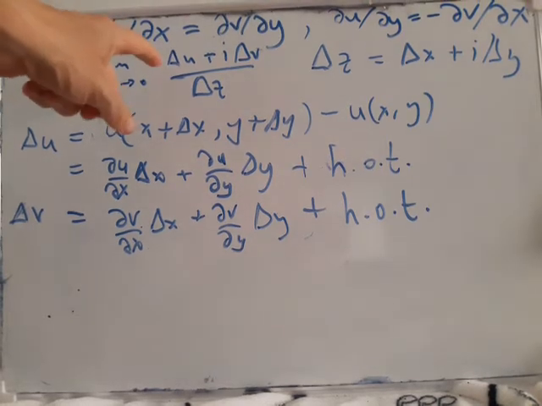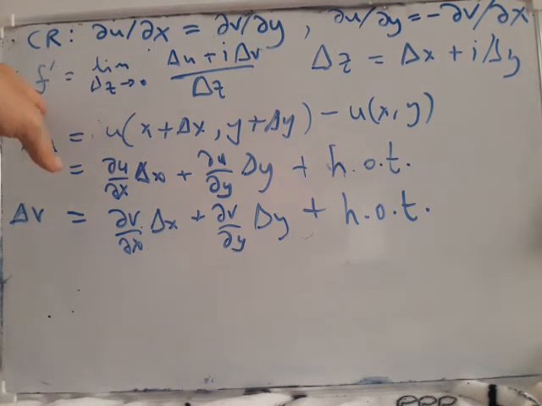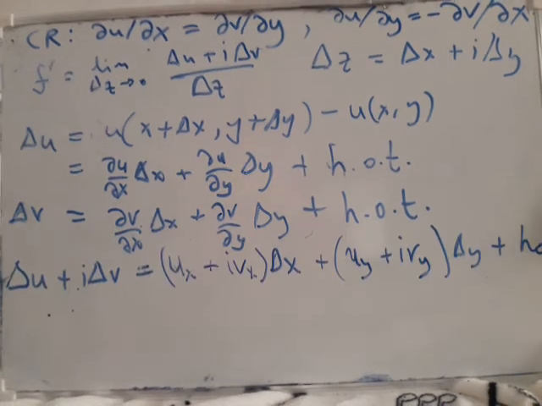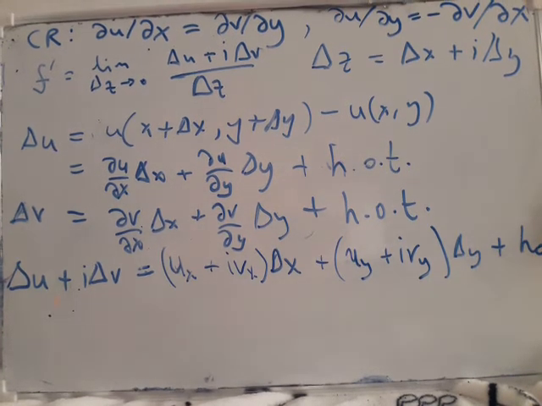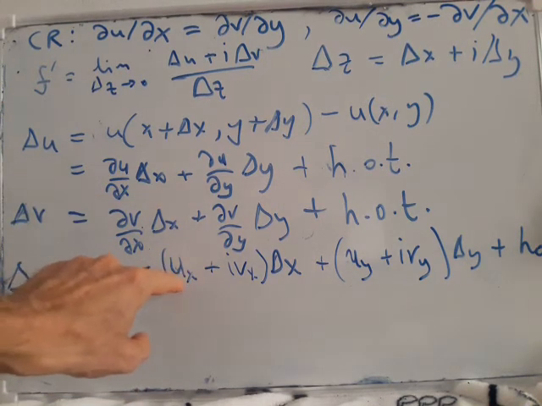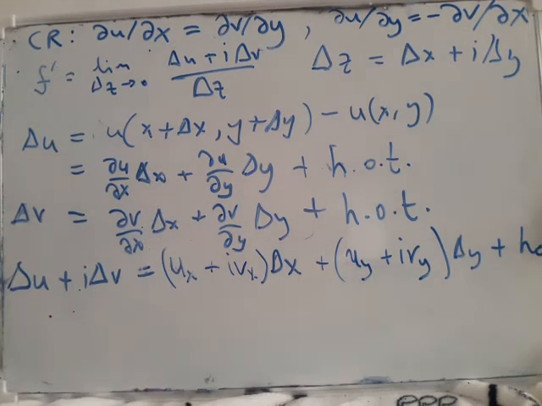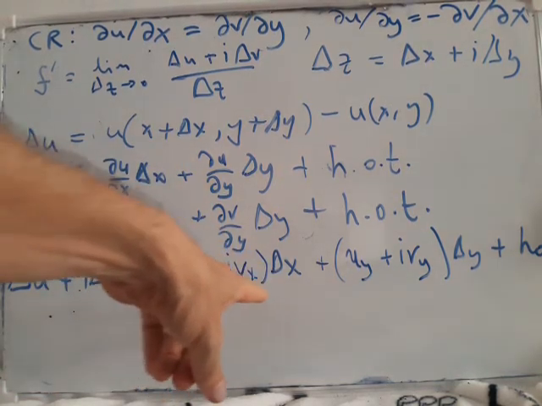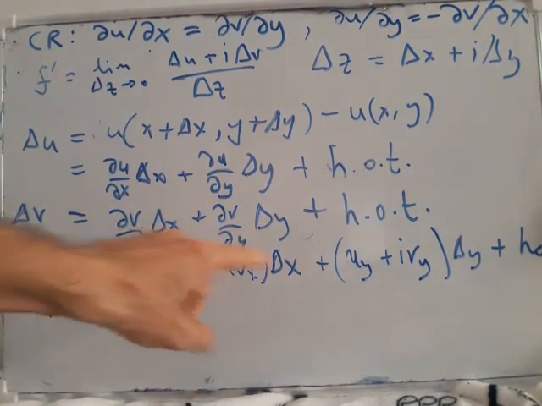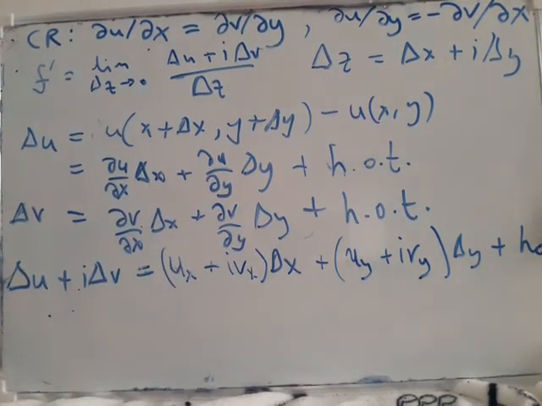What we want in the end is f dashed. We want to see if we can get f dashed from all of this. So we want delta u plus i delta v. Okay, just to save space, I'm writing du by dx as u sub x and so on. If you work out what this delta u plus i delta v is, just substitute all of this in. We collect the delta x terms and collect the delta y terms.